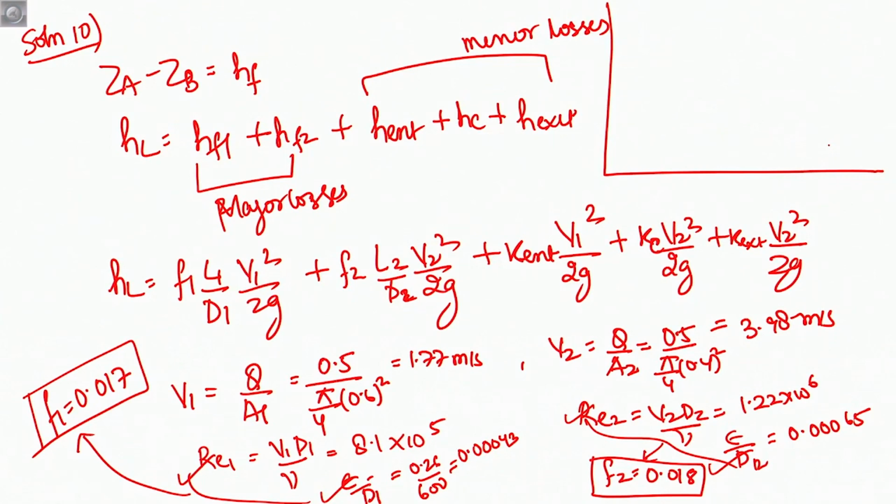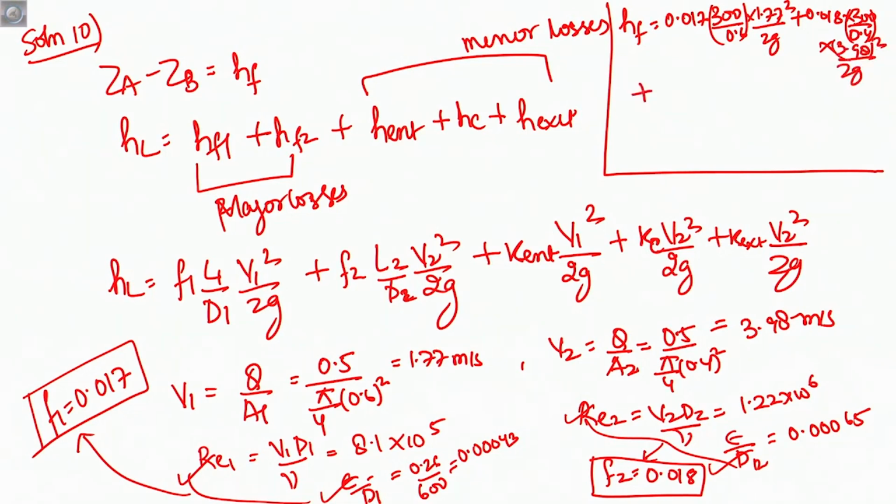HF, we know everything: 0.017 into 300 by 0.6 into 1.77 square by 2g, plus 0.018 into length 300 only by 0.4 into V2 square, 3.98 whole square by 2g.